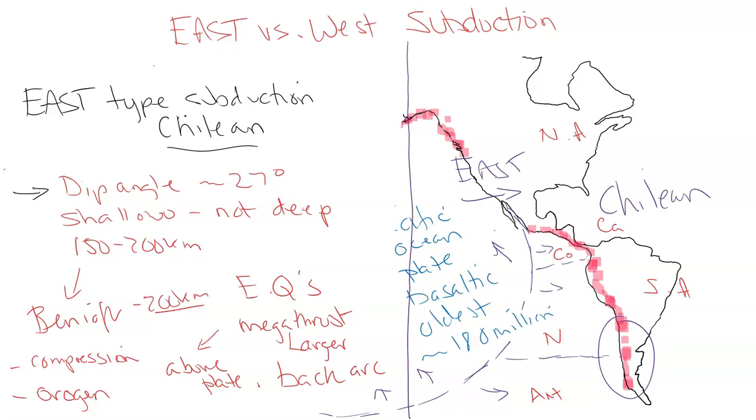So you also get some more violent volcanism, as your flux melting is generally going to be closer and a wider, broader range of volcanism based on the dip angle and where the subducting slab is. And it looks like this.